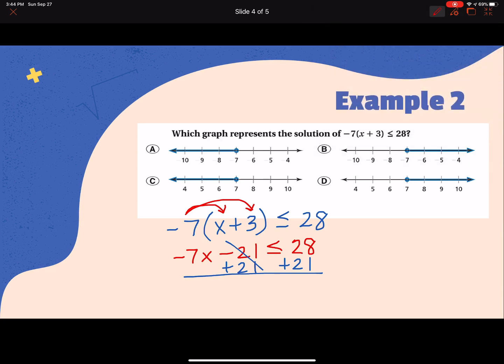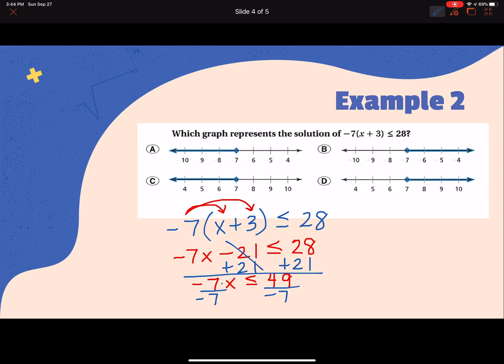So now I'm bringing down a -7x is less than or equal to, and over here we simplify and we get 49. Now I look at the side again where my variable is. -7 and x are being multiplied, so I'm going to divide to undo that.